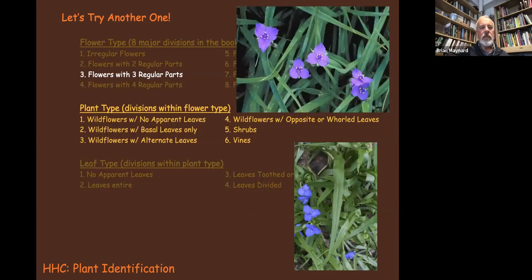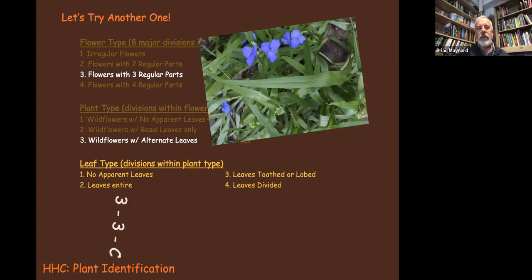Next, in terms of plant type, as we already said, we have a wildflower with alternate leaves. So that would be a second 3 for our 3-number code. And then if we go to leaf type, remember the leaves are entire, and so that would be a 2. So our plant would be the code 332.